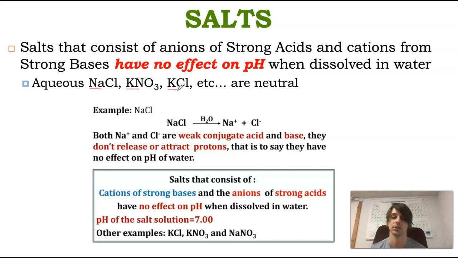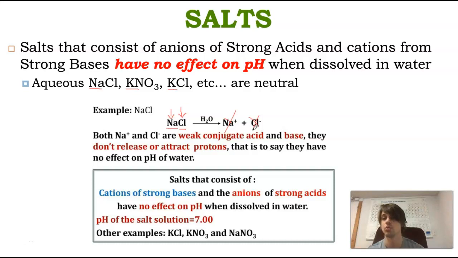Okay? So adding NaCl to water, Na is the conjugate acid of a strong base. Cl is the conjugate base of a strong acid. Both of them do nothing. So when I add salt to water, they don't matter pH-wise, okay? They affect the boiling point and other things, but they don't matter pH-wise, okay?